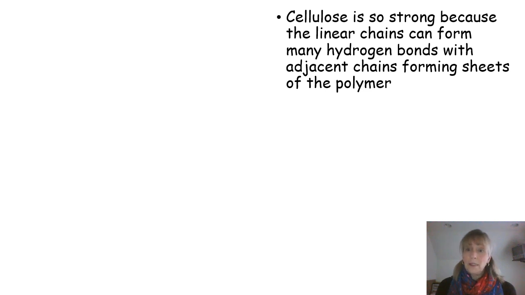Cellulose is so strong, and the reason for its strength comes from the fact that the linear chains of glucose can form a lot of hydrogen bonds. Remember, it's polyhydroxy, and hydroxyl groups can form hydrogen bonds. So imagine a whole lot of these glucose chains, all right, and they can form hydrogen bonds with adjacent chains.